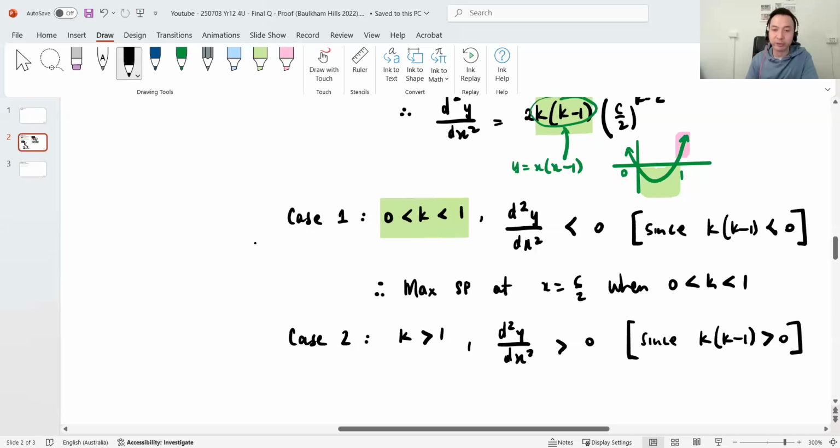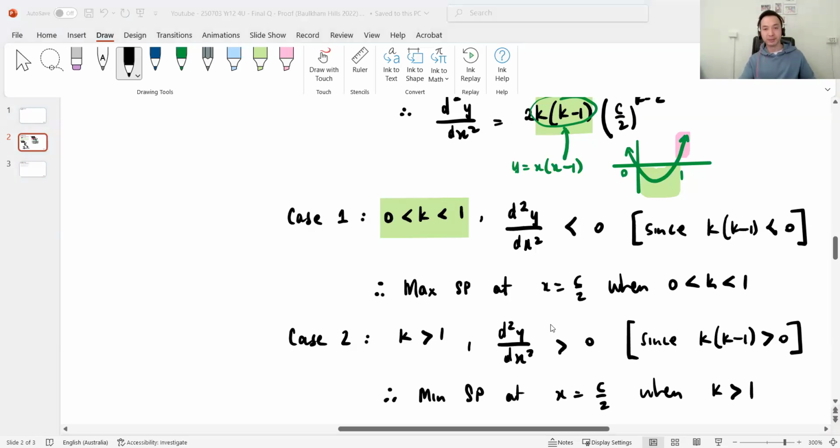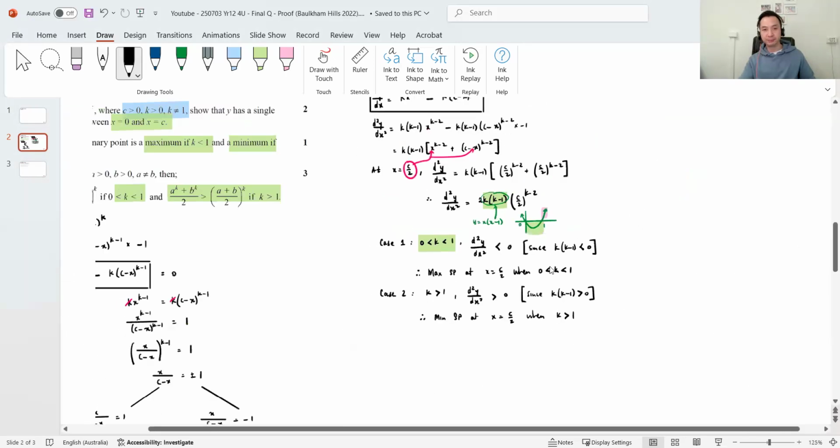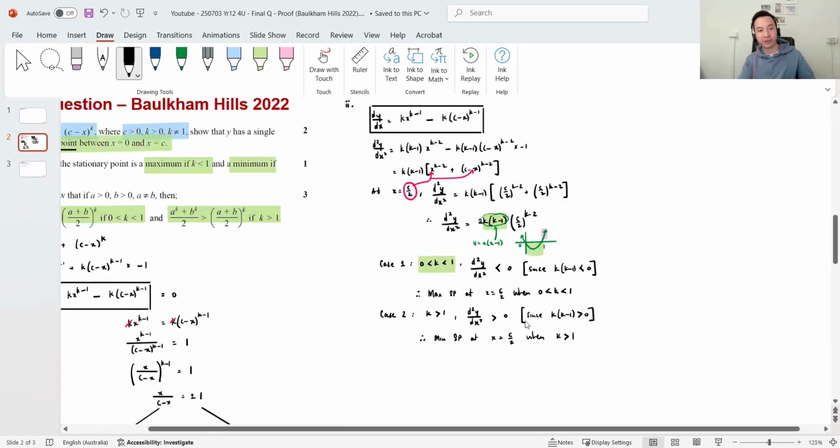So second derivative greater than 0, therefore minimum stationary point at x equals c on 2 when k is greater than 1. And that's my answer. Unfortunately, it's only for 1 mark, but hey, there it is. Is that okay?